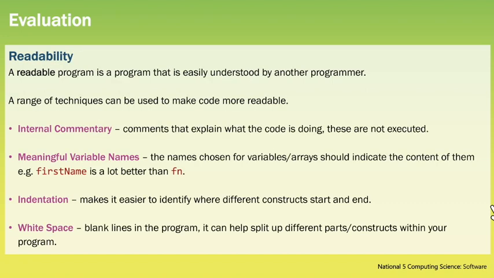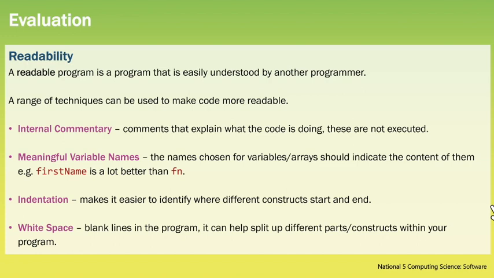Lastly, when we're evaluating a program, we can think about its readability. A readable program is a program that is easily understood by another programmer. Can somebody else pick up your code and understand it? And in order to make your code more understandable, we can implement the 4 strategies shown on screen. We can add internal commentary, and this is commentary that explains what the code is doing, but it's not executed.